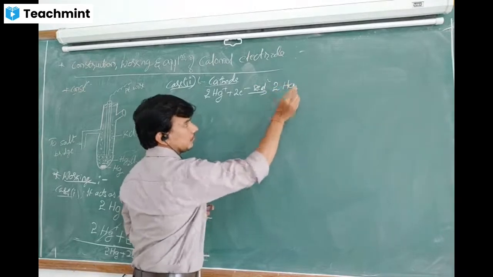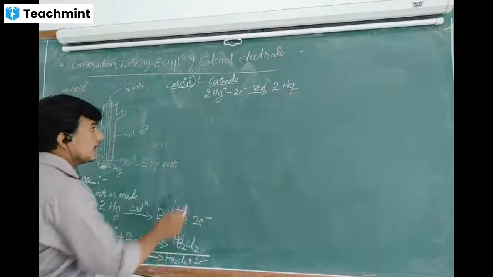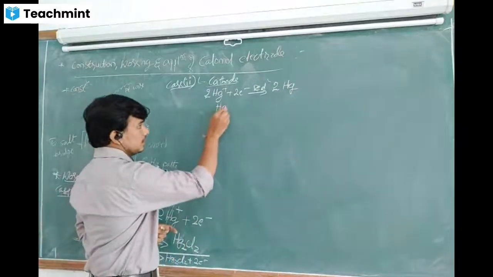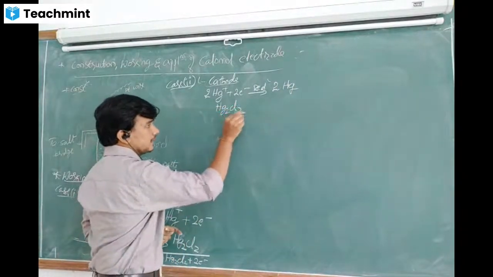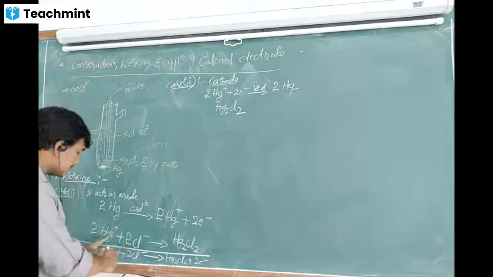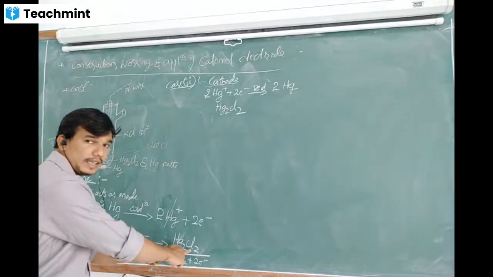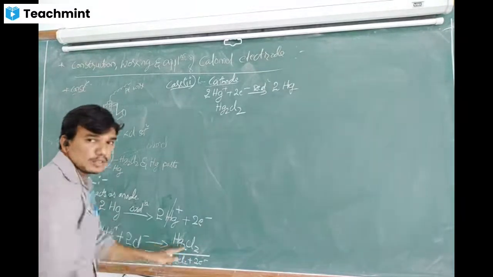Which gives us 2Hg. Right? In a similar way, Hg2Cl2 dissociates. In the anodic reaction, 2Hg plus 2Cl minus associate to give the calomel Hg2Cl2.